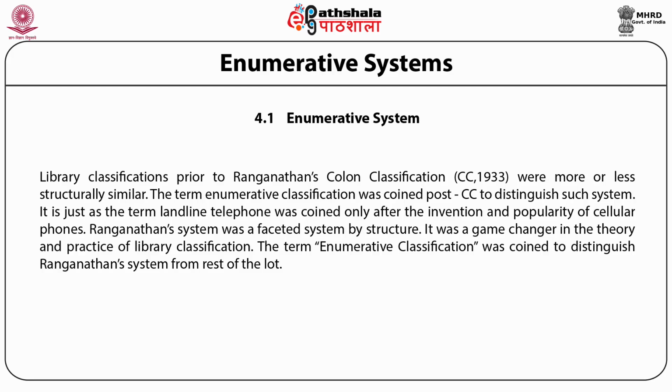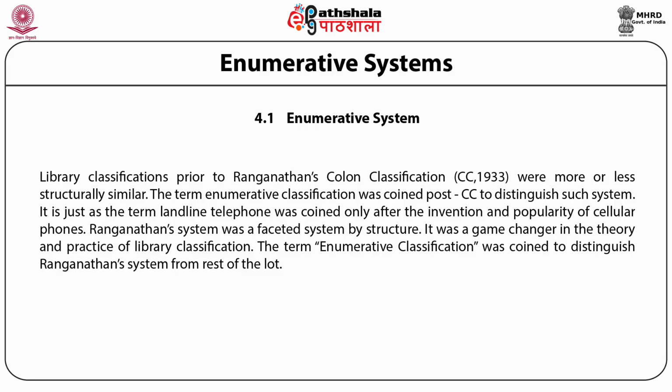Enumeration means listing. An enumerative classification is a more or less systematic list of all the subjects in the universe of past, present, and the near future. So this is a list which is almost a frozen one when it is published, and it is also known as a mark and park system, or pigeonholes, because all the subjects are listed along with their numbers, or notation, and the classifier has only to locate the number needed for that book and put that number on that document.